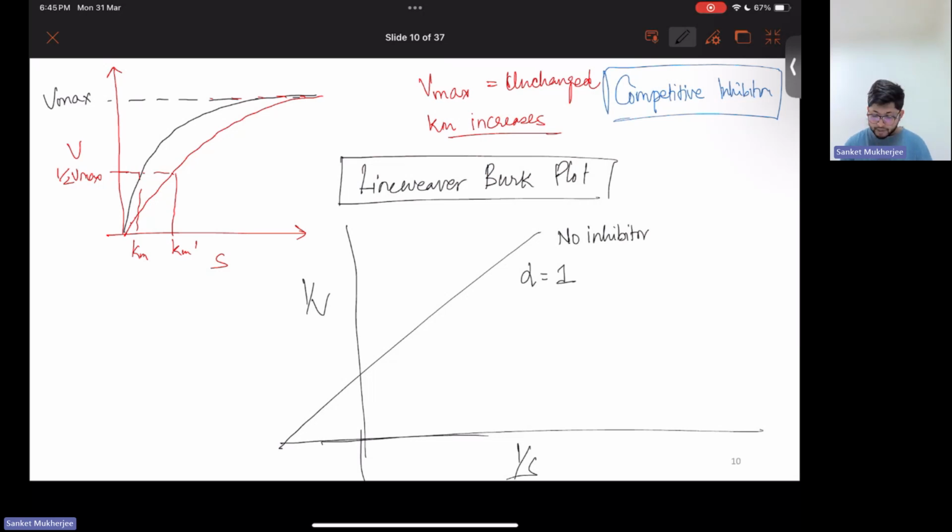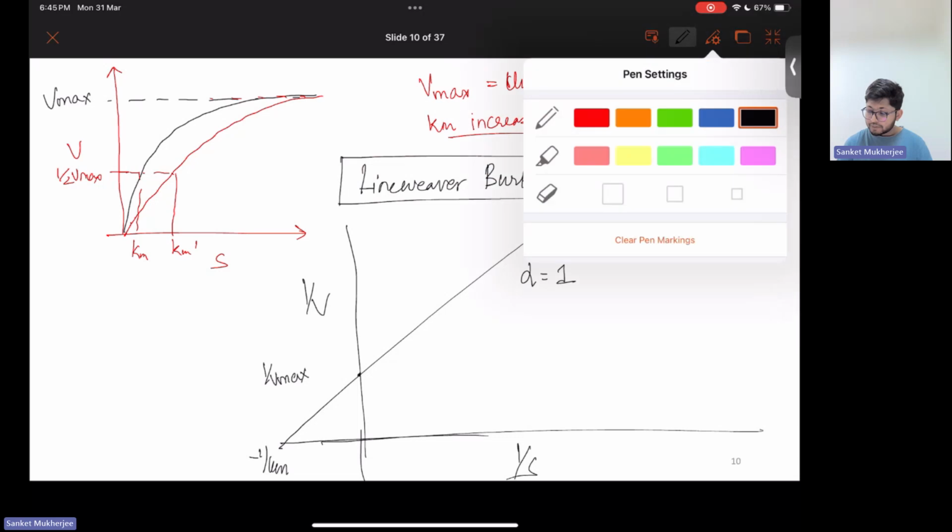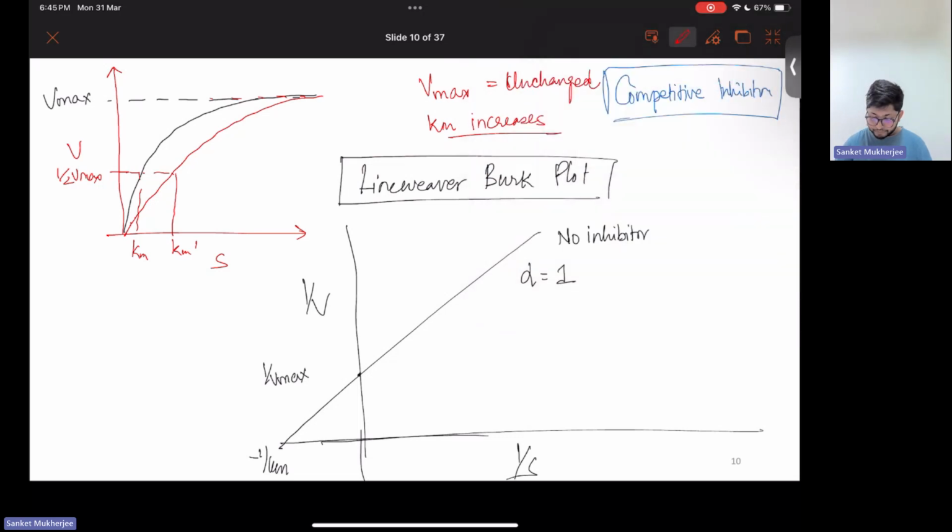This point is 1 by Vmax, and this point is minus 1 by Km. We know that already. In presence of an inhibitor, alpha could be, let's say, 4 here. So in the presence of inhibition, the Km value will obviously increase, whereas Vmax remains the same. So this is a Lineweaver plot for competitive inhibition.